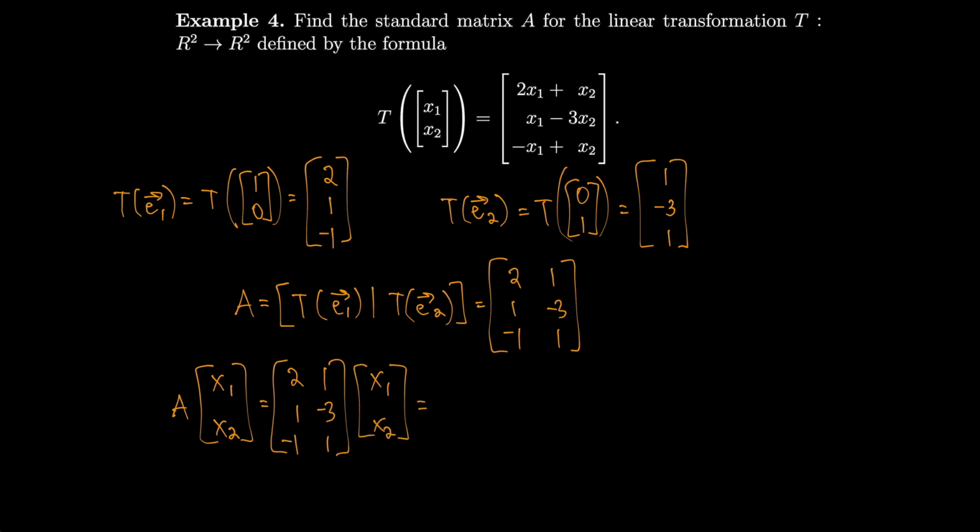We could multiply that out and see that this transformation is in fact equal to 2x1 plus x2, x1 minus 3x2, minus x1 plus x2, which is in fact the transformation that we were given. So the matrix does match up.